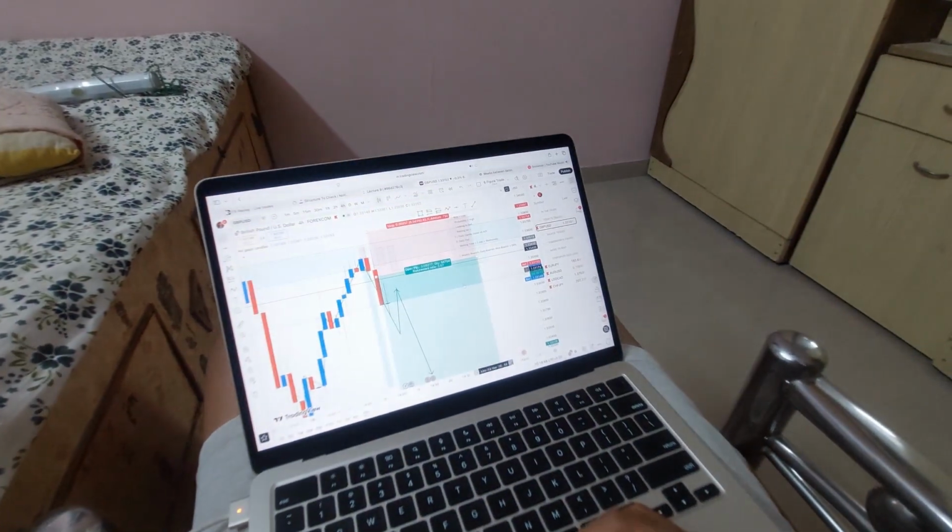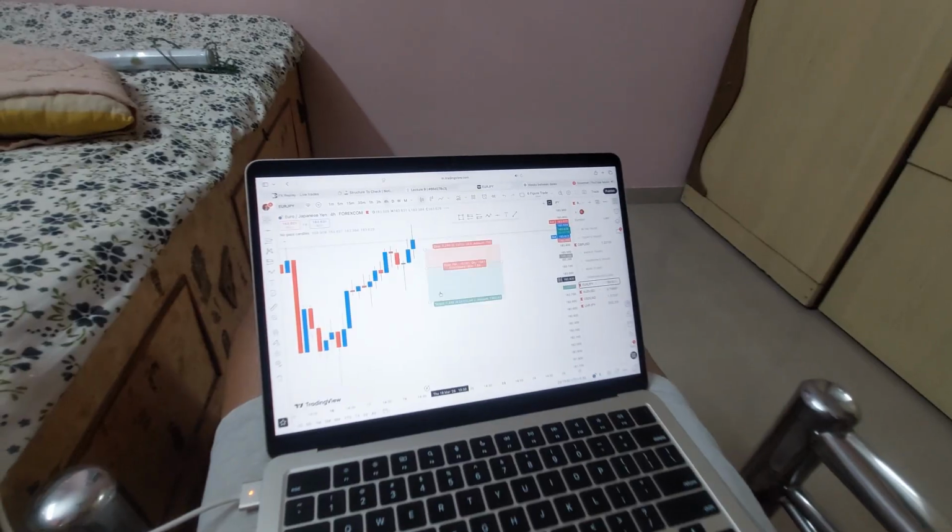But what are the chances of that checklist showing up? I have a very big list of things which I need to see before I take the trade, and that is the reason I have missed a lot of trades, probably in Euro JPY as well.